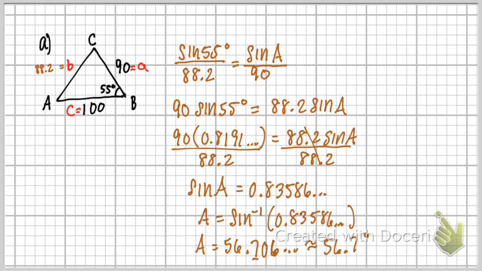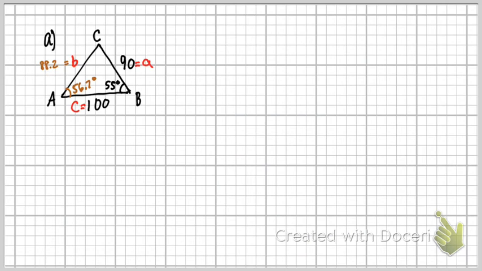Now we're just going to go through a similar process for the next one, which is C. So here it is. Now that we have A and B, we can find C. I'm just going to use the same thing I used for the last one.